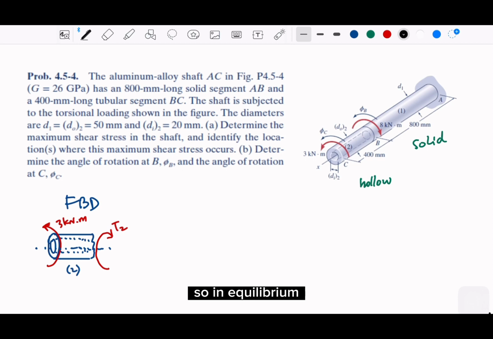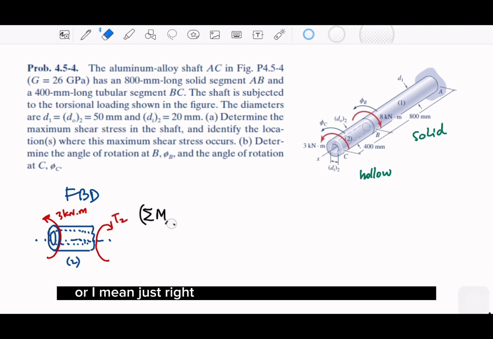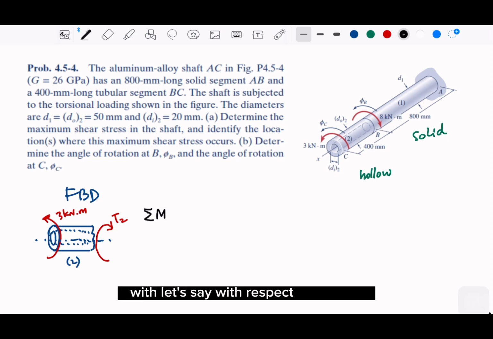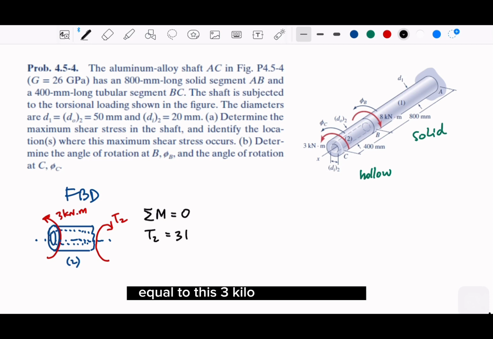So in equilibrium, the couple, the moment, or let me write sigma moment, needs to be equal to 0, with respect to the axis. So T2 is equal to this 3 kilonewton meter, right?